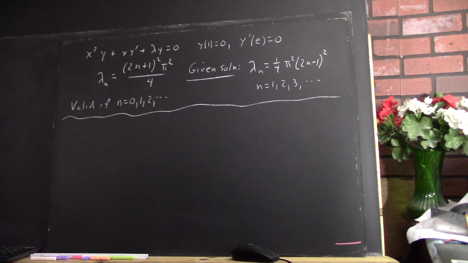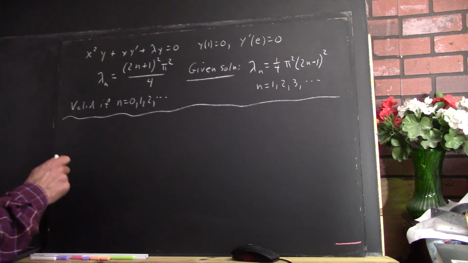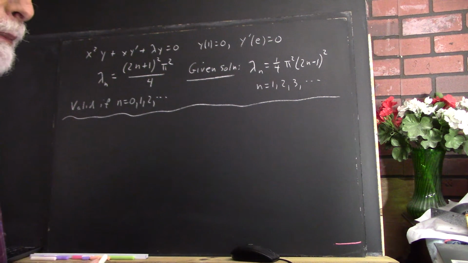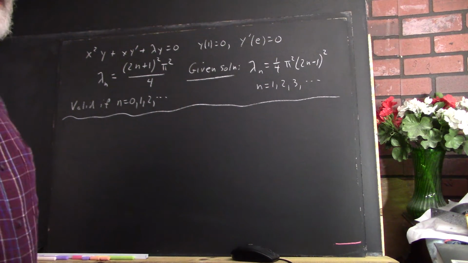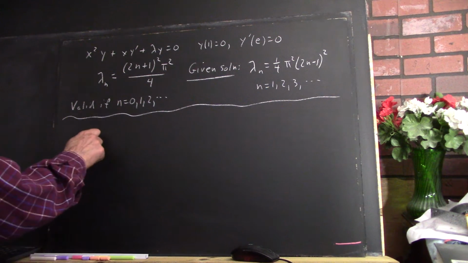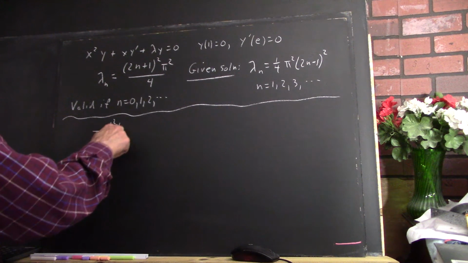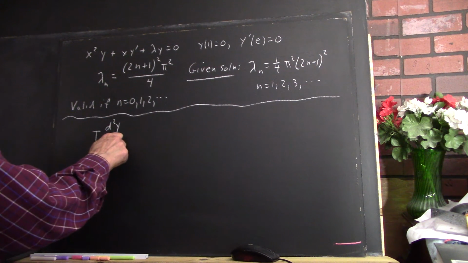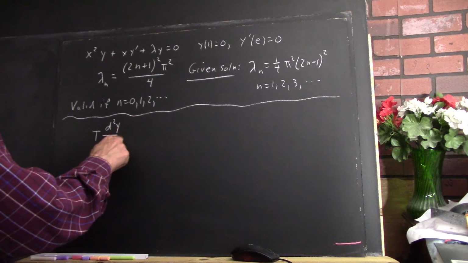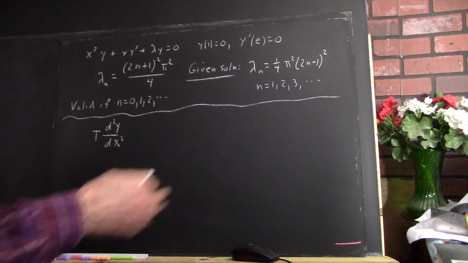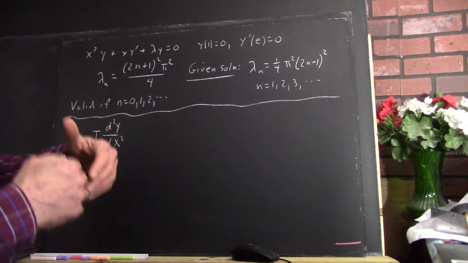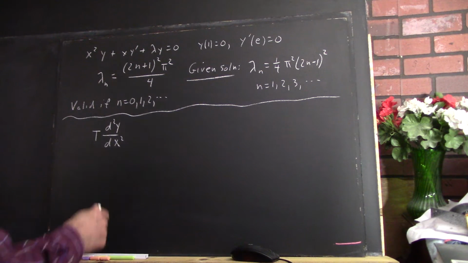Now the next problem is pretty interesting. We're going to go ahead and work it out. I'm not sure where you might have gone wrong on this because it's very similar to the other problems. But you've got the equation, and we're using x, because this could correspond again to waves on a string.